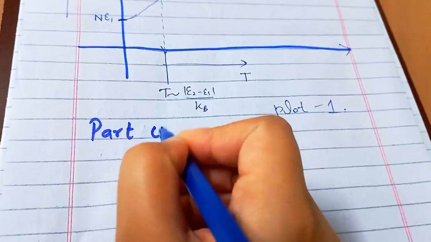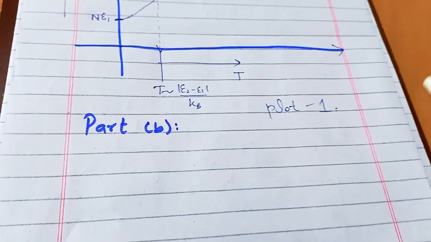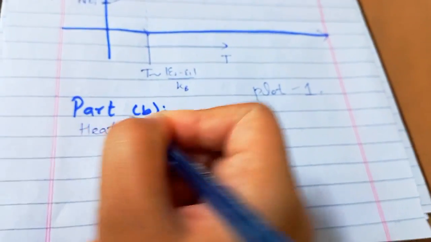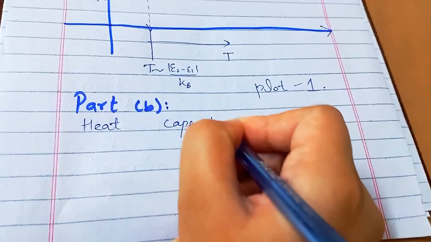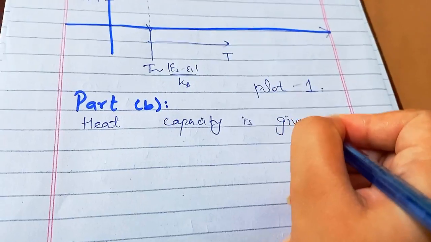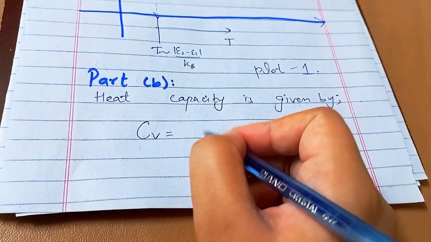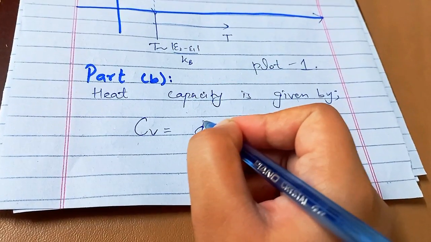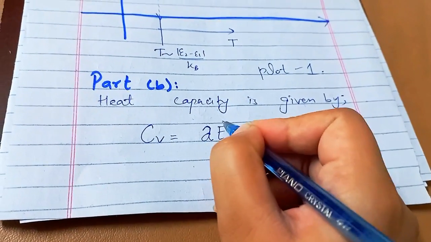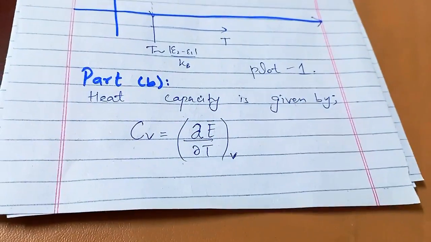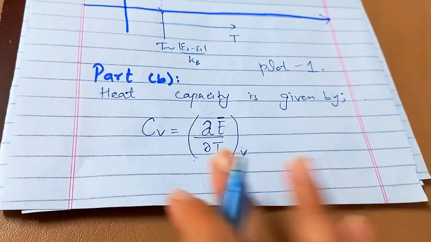Let's do it. For part B, let me first tell you the relationship between the heat capacity and the average energy of the system. We know that the heat capacity is actually the energy needed to raise the temperature of the system by 1 Kelvin at constant volume. Okay, this is the heat capacity at constant volume.